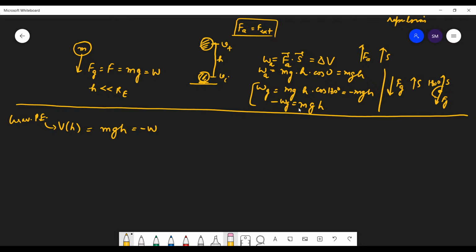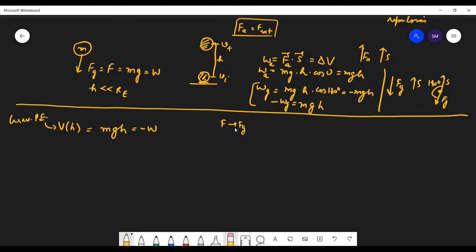Whether you write g or not doesn't matter, it is for the gravitational force. So h is variable. Students, in future you can assume F as Fg.